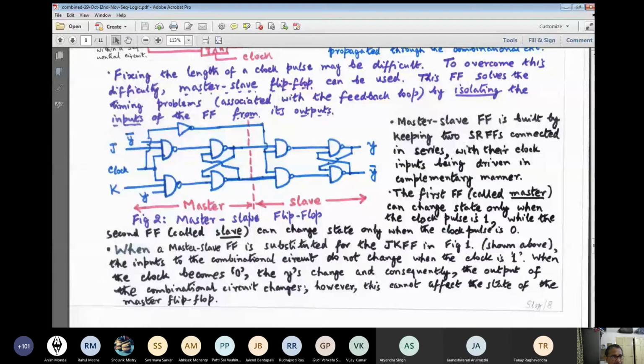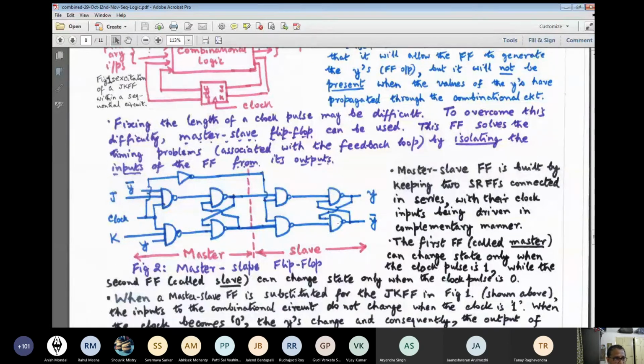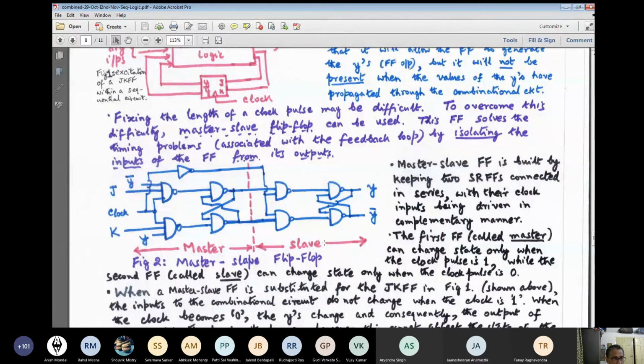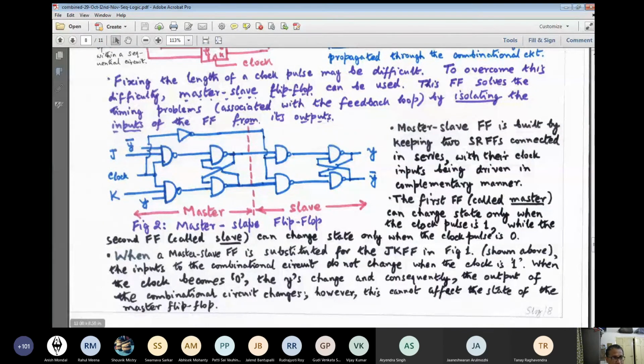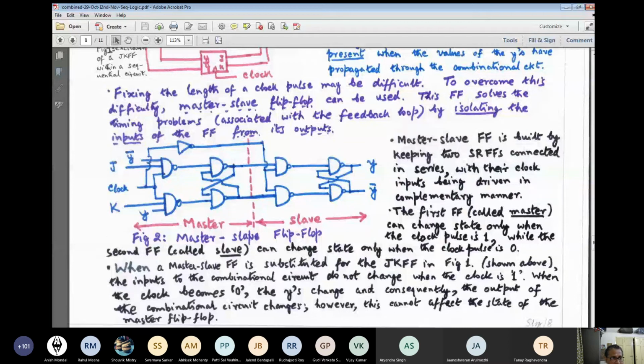Now you see, I substitute this master slave flip-flop here. What happens when the master slave flip-flop replaces this JK flip-flop, the earlier simpler JK flip-flop where the race around happened? Race around means Y could have changed, not always.